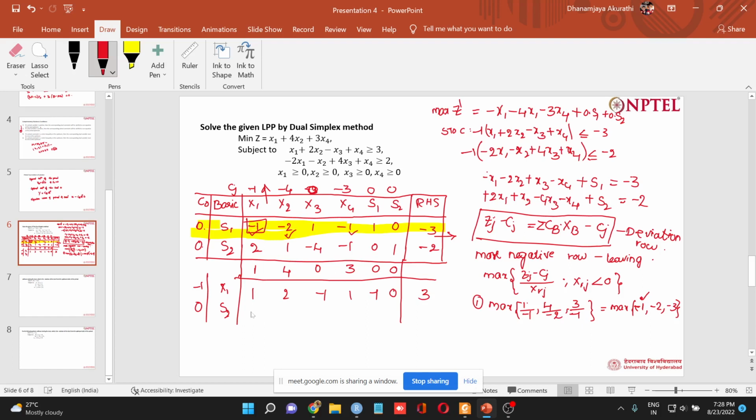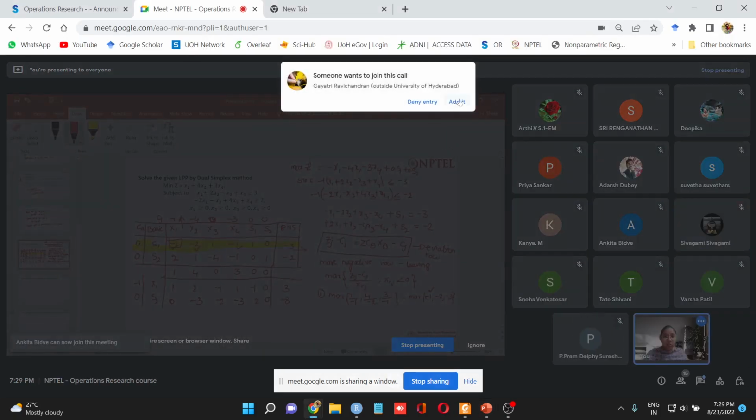By using the row operations, I had already shown you 3 minus 2. You just check whether this is correct or not. How can we get 0 here? In the first case, we had 2. So if we multiply the second iteration first row with 2 and subtract it from the old row, then you can get 0.